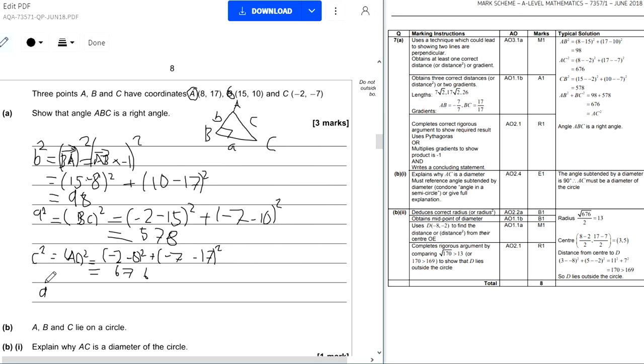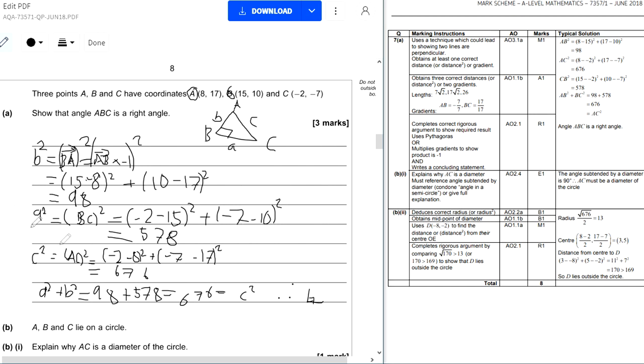Now A squared plus B squared equals 98 plus 578, which is 676, which is C squared. Therefore, right angle.